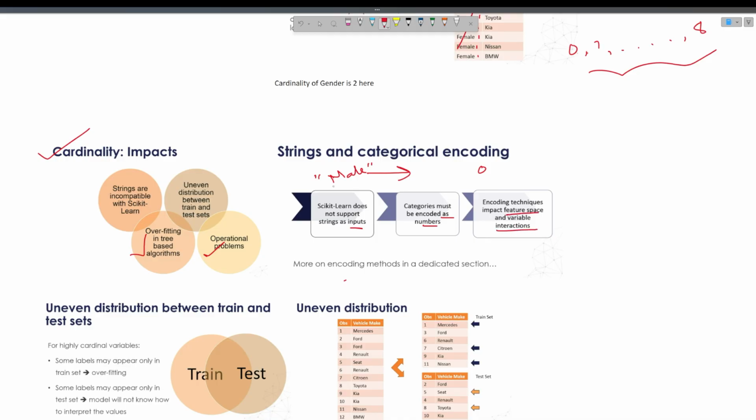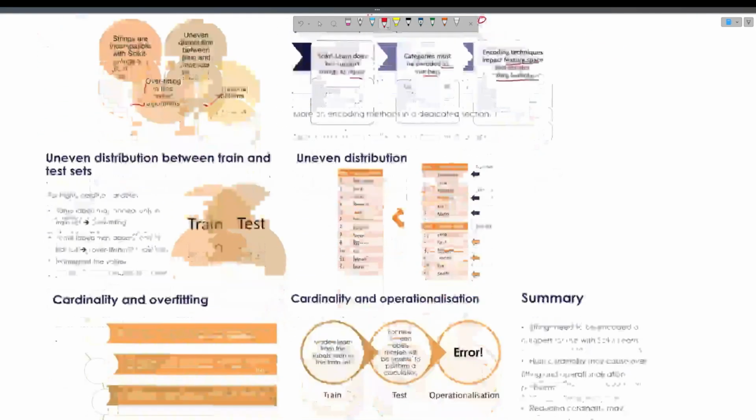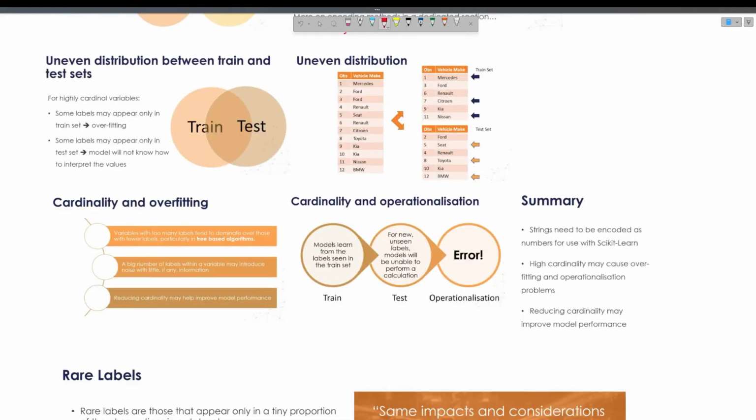So we have to deal with it, because scikit-learn cannot work with strings. As a whole, you are multiplying matrices, and matrices don't have strings, they have values, so we have to convert to values. That's why scikit-learn is not able to work with it.